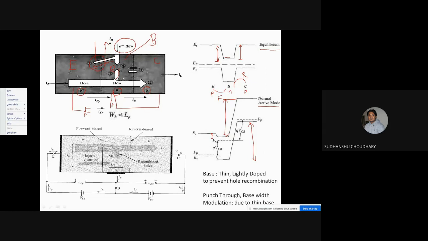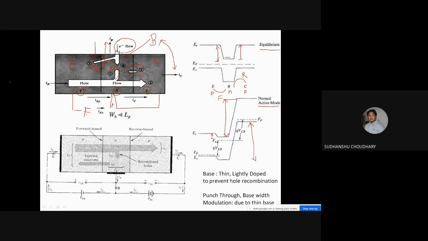Now some electrons and holes are also crossing the collector and base region because of the reverse bias which is appearing across the base and collector region.